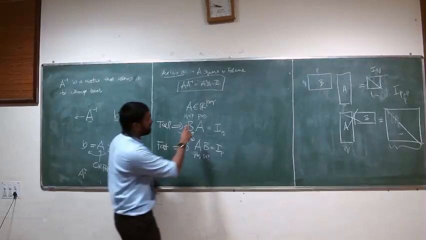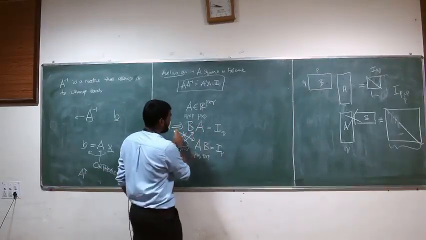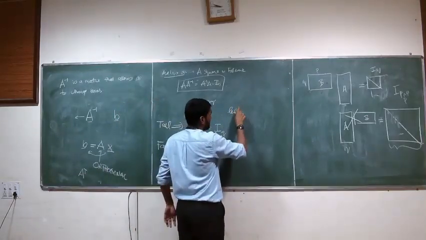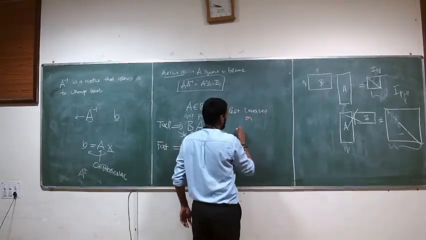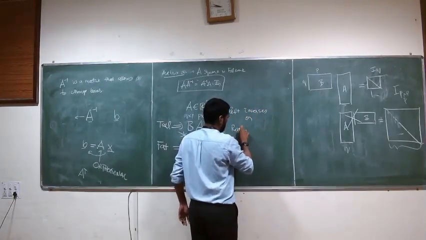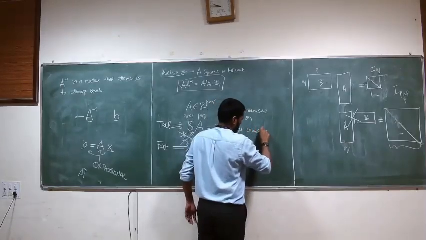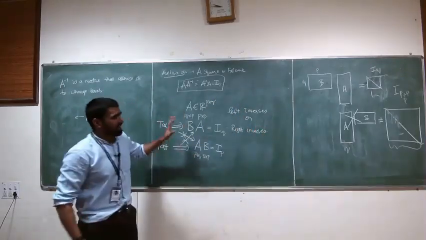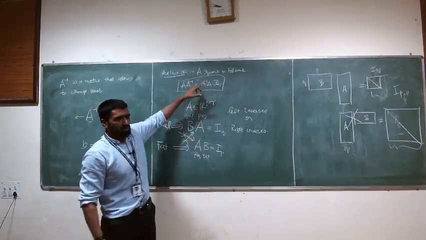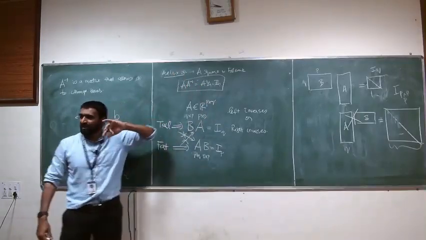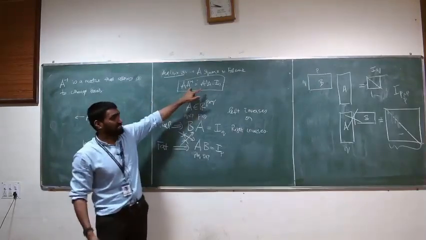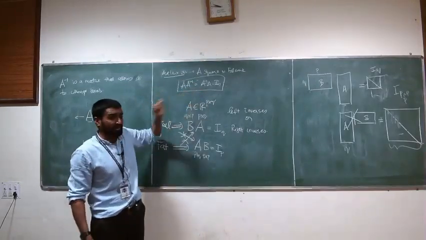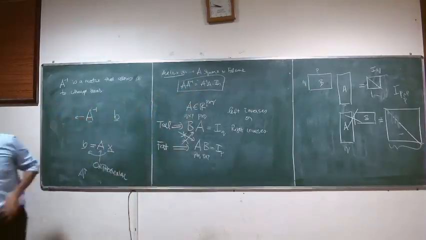That means if you have a rectangular matrix, you can either have left inverses or right inverses, not both. If A is square and full rank, you have both a left and right inverse, and in fact the left and the right inverse are the same matrix, which is unique, and it's a single matrix, A inverse.